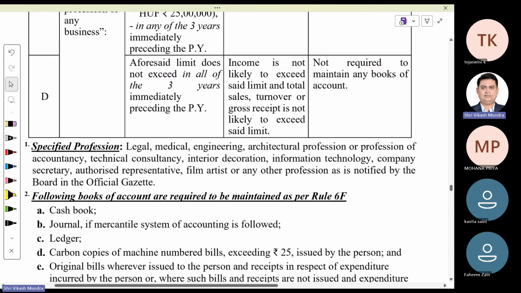Specified profession means professions like legal, medical, engineering, accountancy, technical consultancy, interior decoration, information technology, etc. These are considered as specified professions.